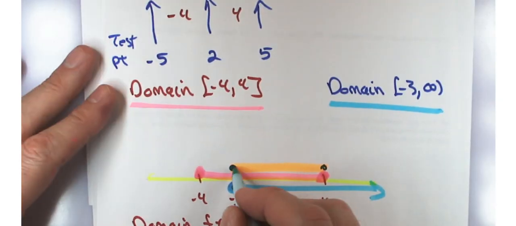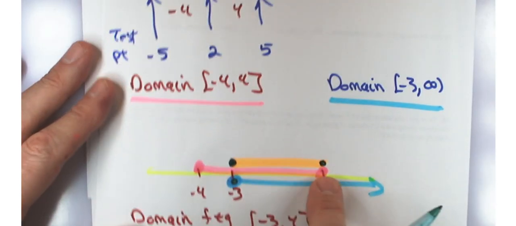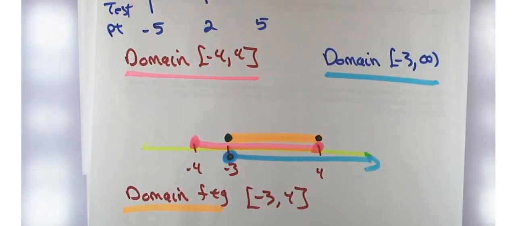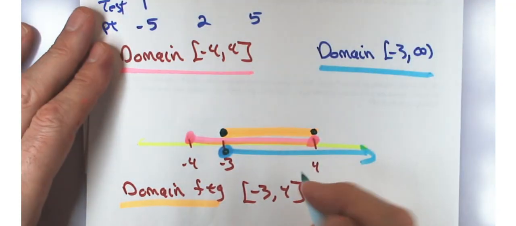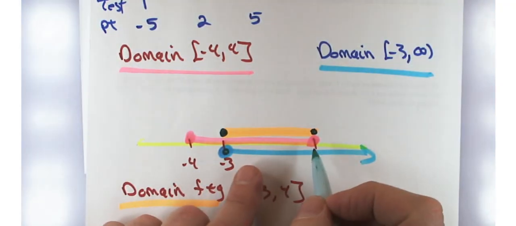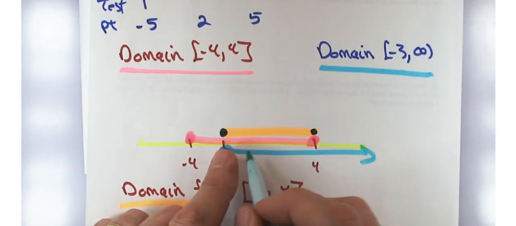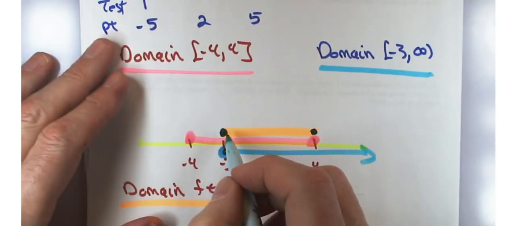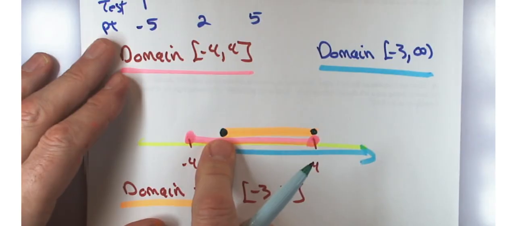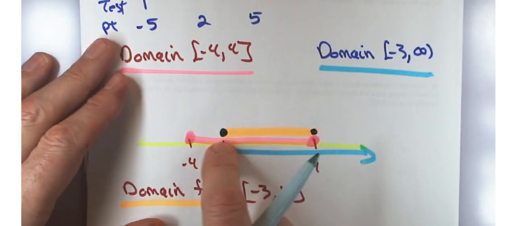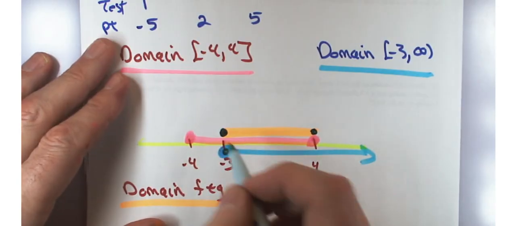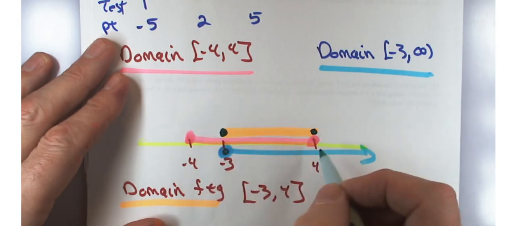So solid dot does not mean anything, so it doesn't matter. Well, it kind of does matter, because if this was a hollow dot, in fact, I've got a nice example that addresses exactly what you were talking about. It has to be defined in both cases. Now, g of x is defined for -3, and so is f of x.